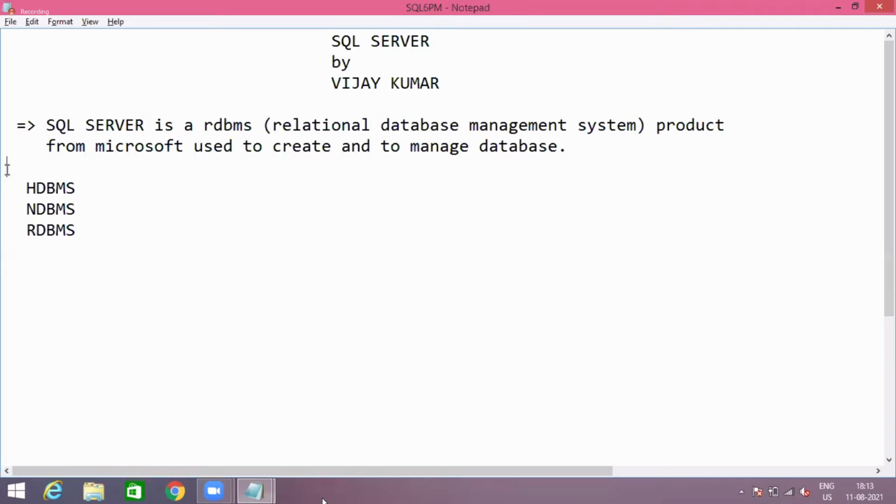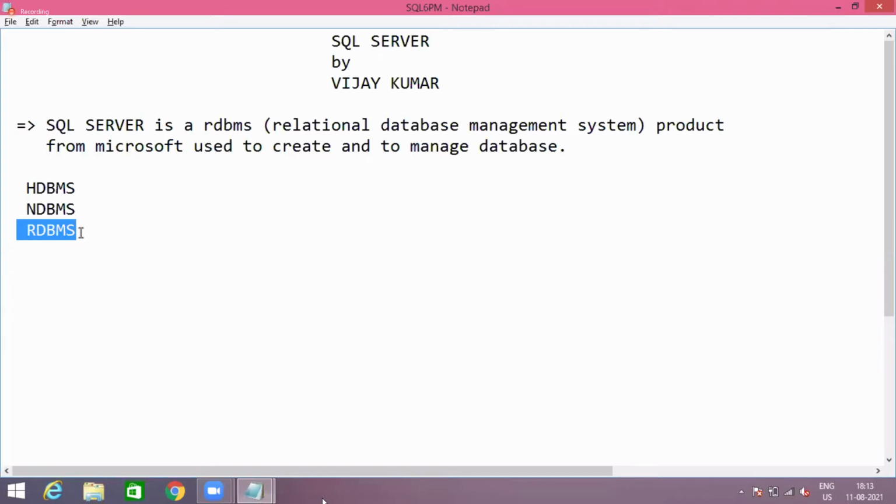But these systems were complex, HDBMS is complex and NDBMS is complex. So only a few companies used them.